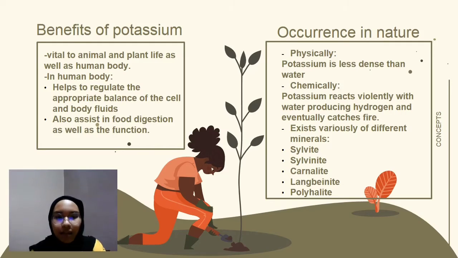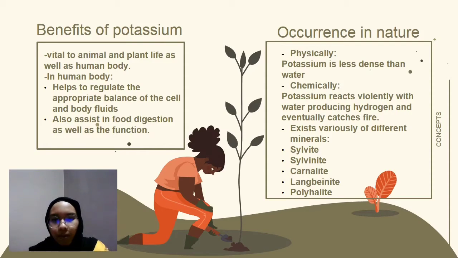Potassium also assists in food digestion as well as muscle function. So next, for its occurrence in nature, physically, potassium is less dense than water, and chemically, potassium will react violently with water to produce hydrogen, and eventually it catches fire.